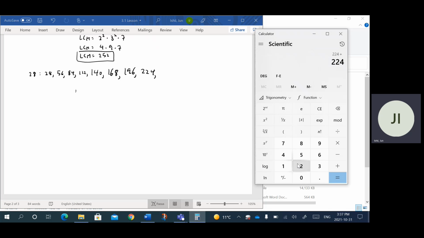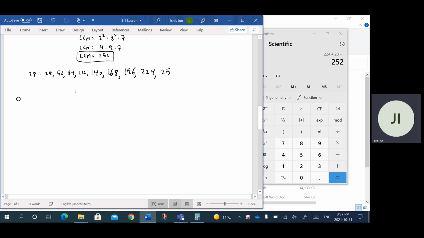Hopefully you see what I'm doing here. The answer I found in the first method was 252, so I'm just going to stop here at 252.